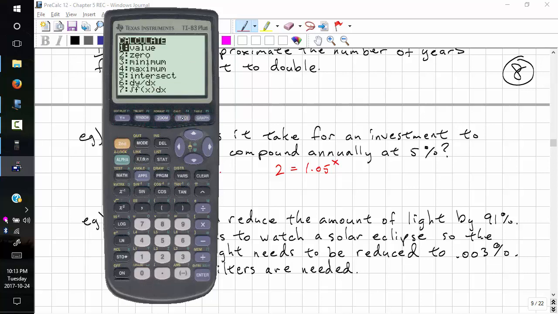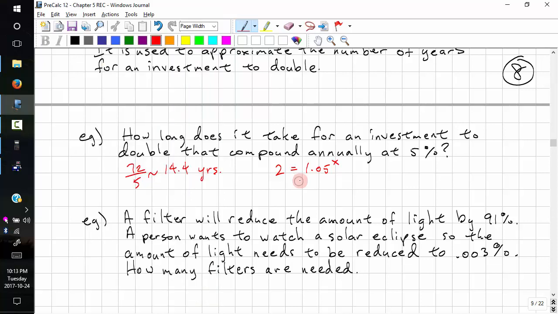Second calc, and we want the 0. And the left bound, that's pretty close, so we can just scroll over, and hit enter twice. And it's approximately 14.2. So our estimate is only off by 0.2, and we did that rather quickly versus doing this.